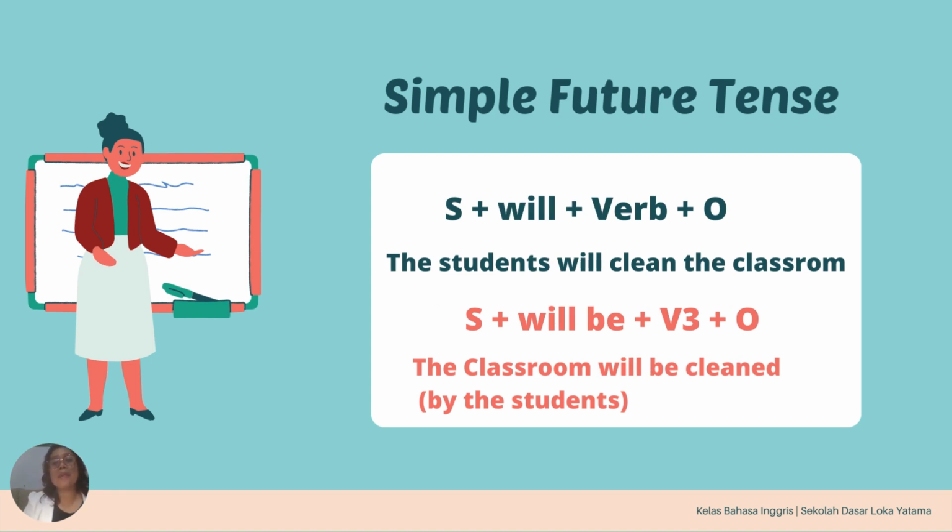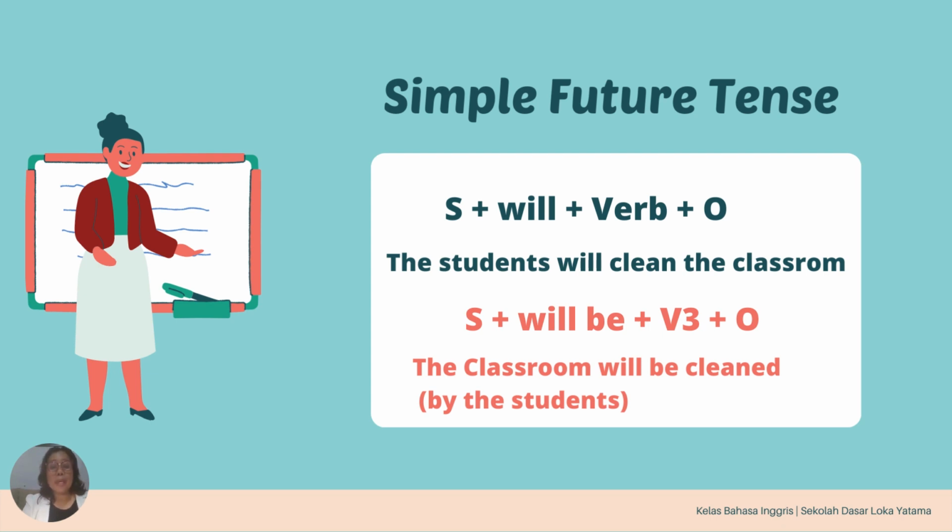In active one, subject plus will plus verb one plus object. The example of the sentence is the students will clean the classroom. Then in passive one, subject plus will be plus verb three plus object.